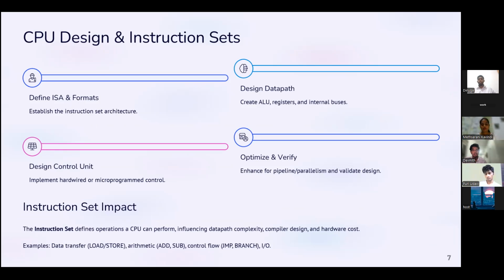Logical instructions like AND and OR are used for bit-level operations and decision making. Control flow instructions like jump and branch change the sequence of execution. Input and output instructions allow communication with external devices. A well-designed ISA includes a balanced set of these instructions to make both hardware and software efficient. Thank you. Now I hand over to Ms. Sarani.